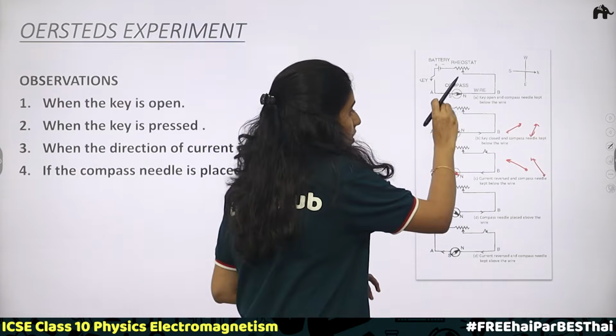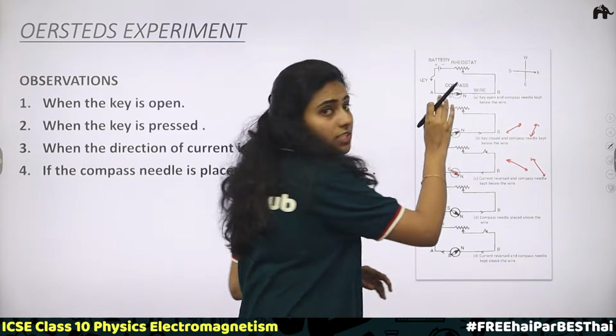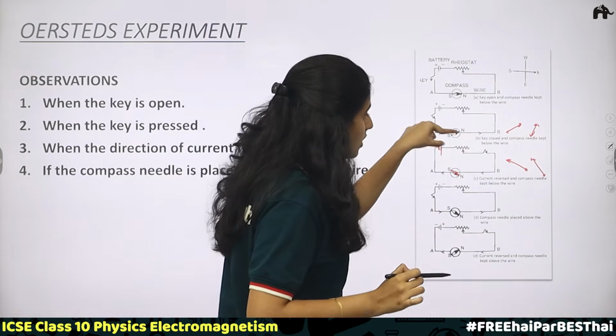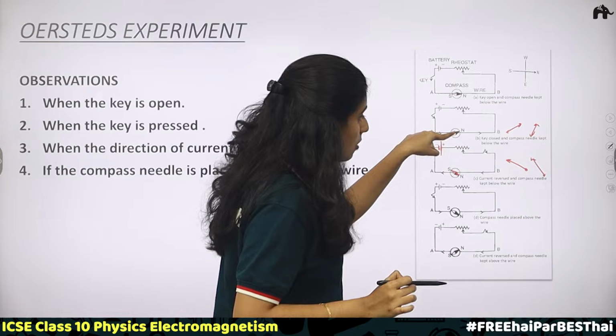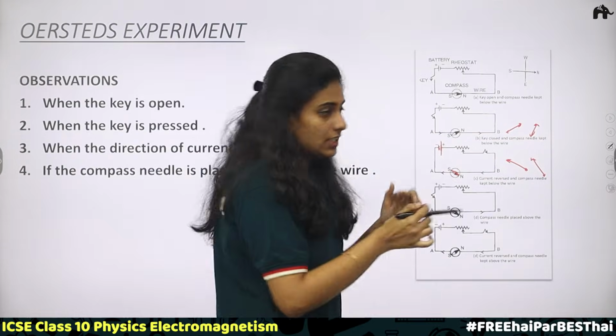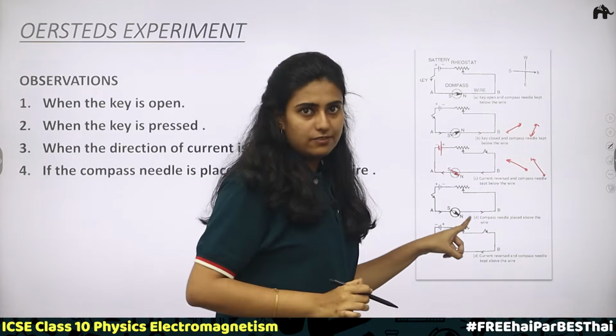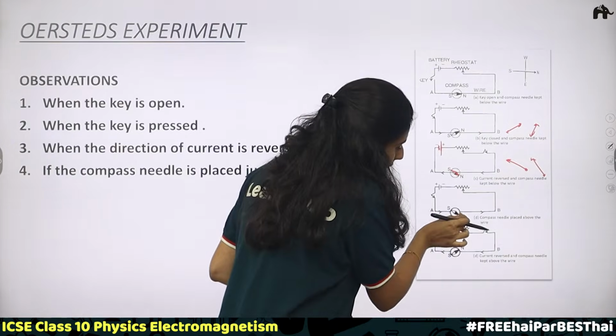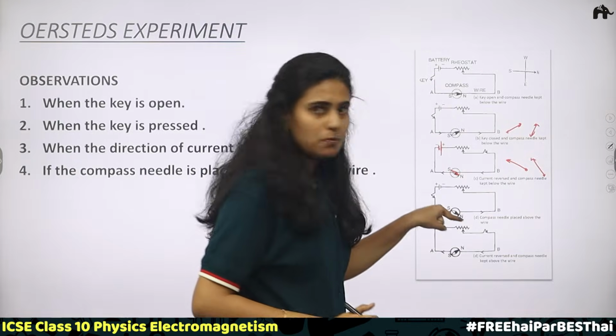Normally, that is without reversing the current, without reversing the battery, towards the west the north pole of the magnetic compass needle is deflecting. Now just the opposite, towards the east this deflection will happen. Towards the east the north pole of the magnetic compass needle will point.